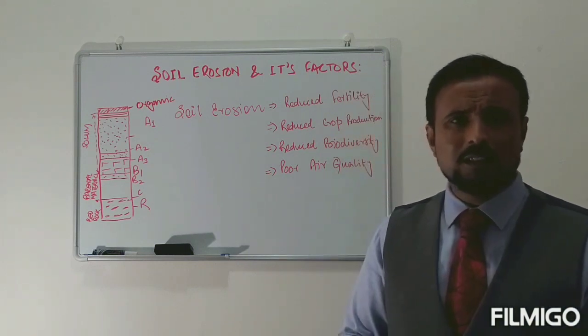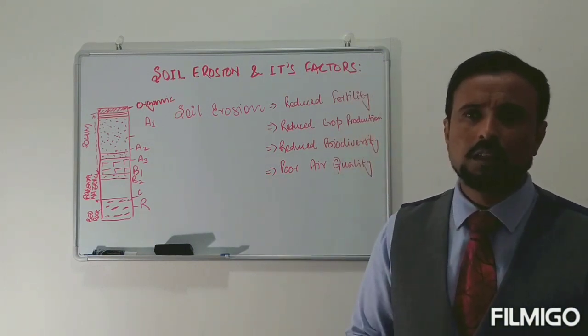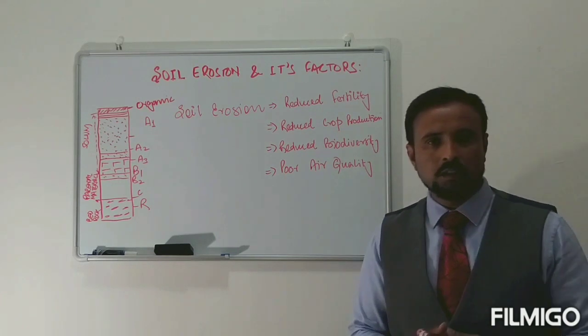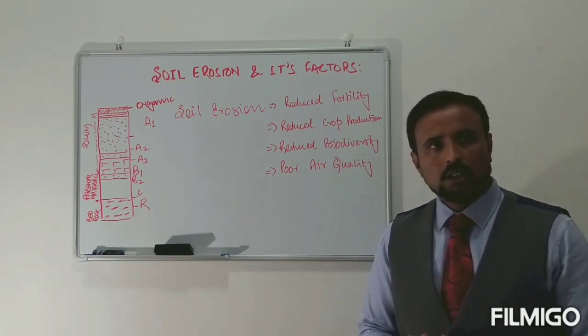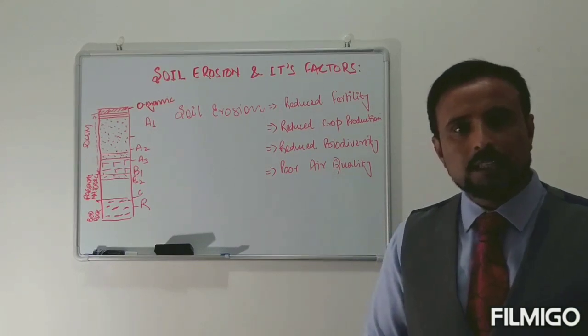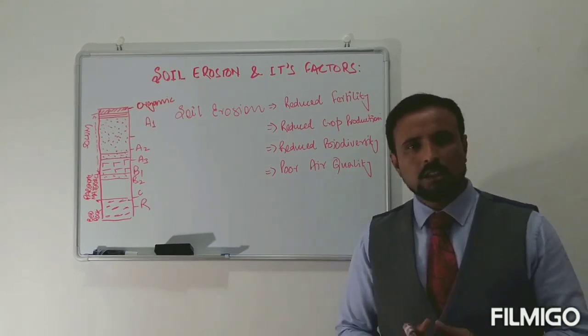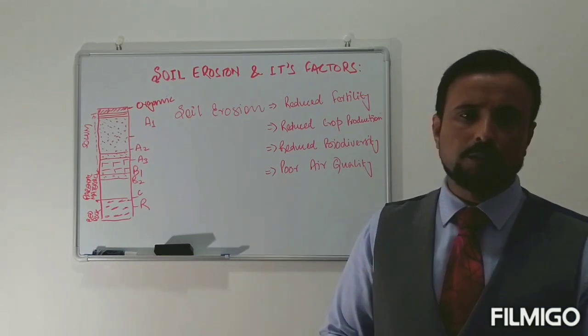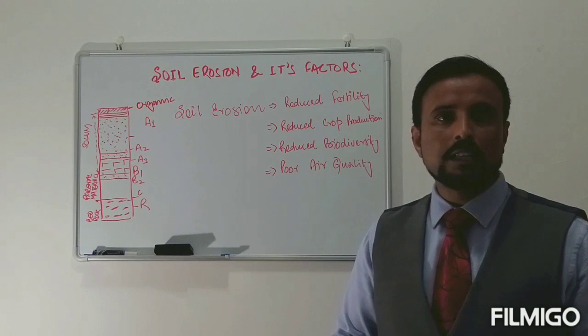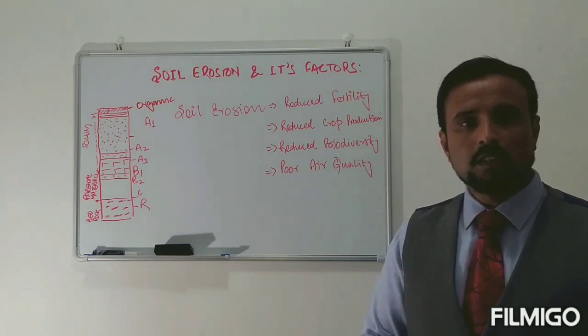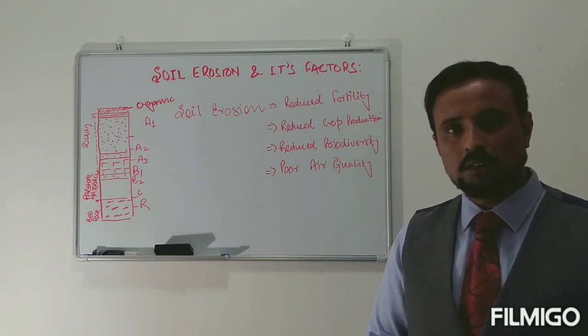If in larger terms I have to explain this phenomenon of degradation of soil, that means the productive layer of soil gets damaged, right? In a broader sense, if I have to explain it to you. And this is a problem because soil is not a renewable resource, right?